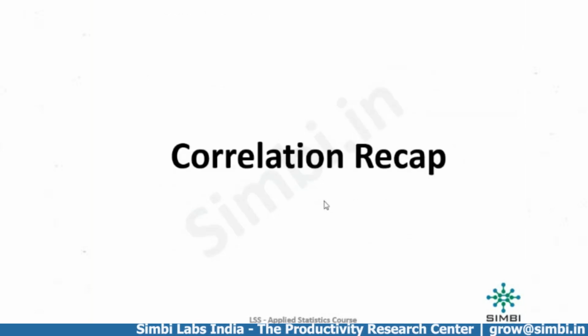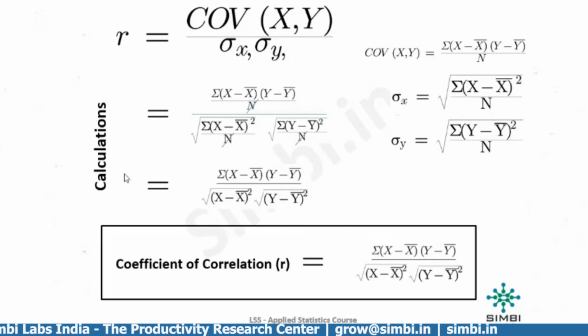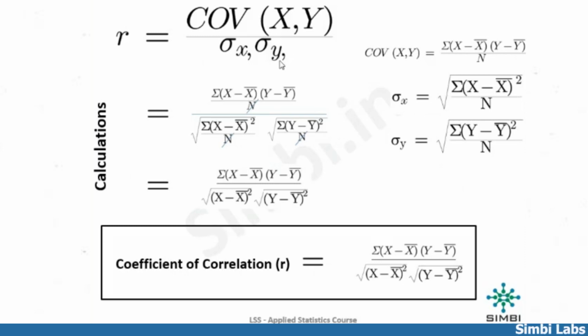In the previous videos we discussed correlation and the correlation formula. The symbol is r equal to covariance of x, y divided by sigma x times sigma y. So we need to find the covariance of those two variables x, y. The covariance of x, y formula is the summation of (x minus x bar) into (y minus y bar), divided by n. n means the number of samples we have taken. And sigma x equals the square root of the summation of (x minus x bar) whole squared by n.